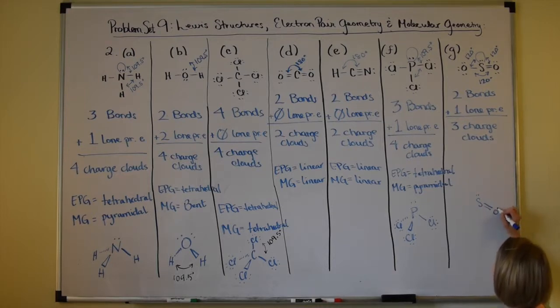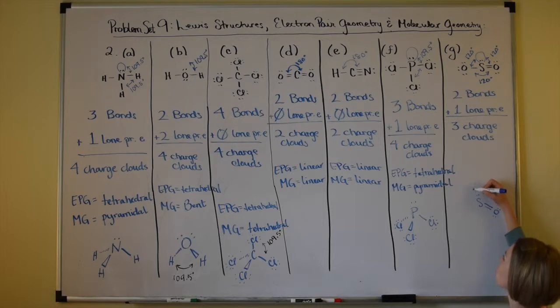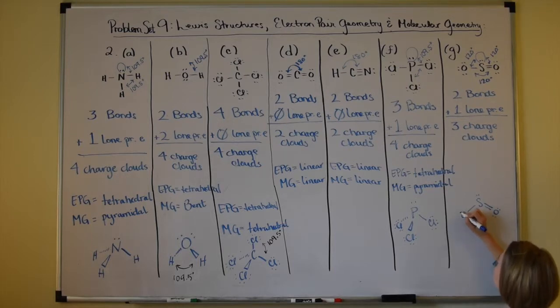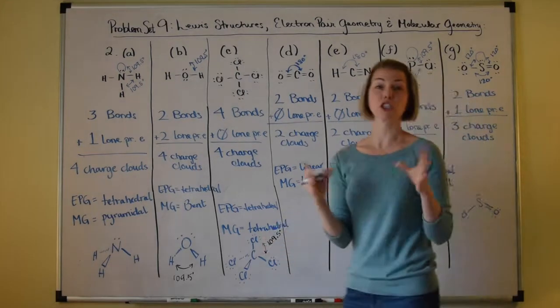Put our double bond to the oxygen here. So I'm trying to indicate a 120 degree angle between this charge cloud, the lone pair, and this double bond, this charge cloud here for the double bond, and then 120 degrees between those and this single bond as well. So all of these angles are now supposed to reflect 120 degrees.